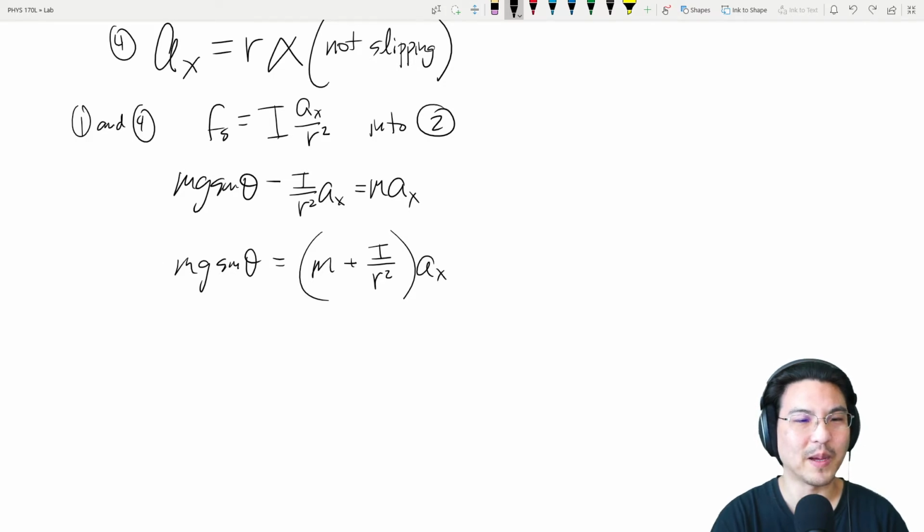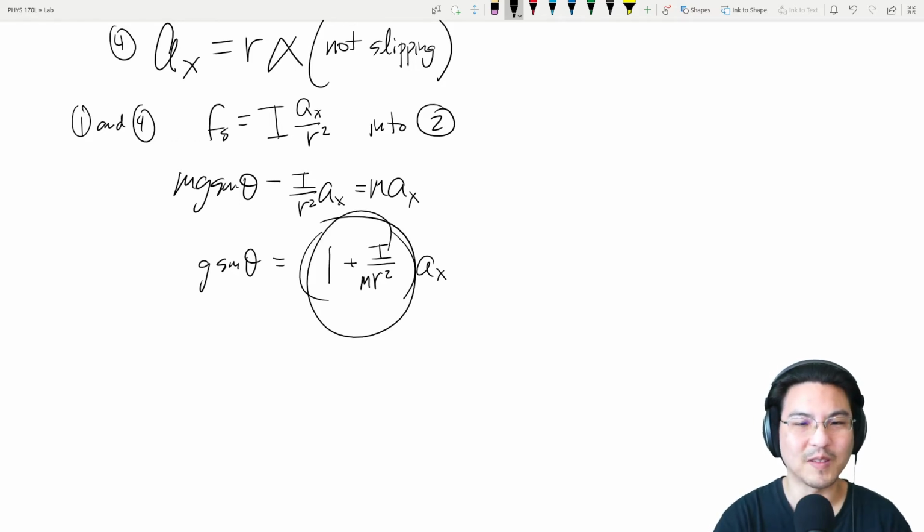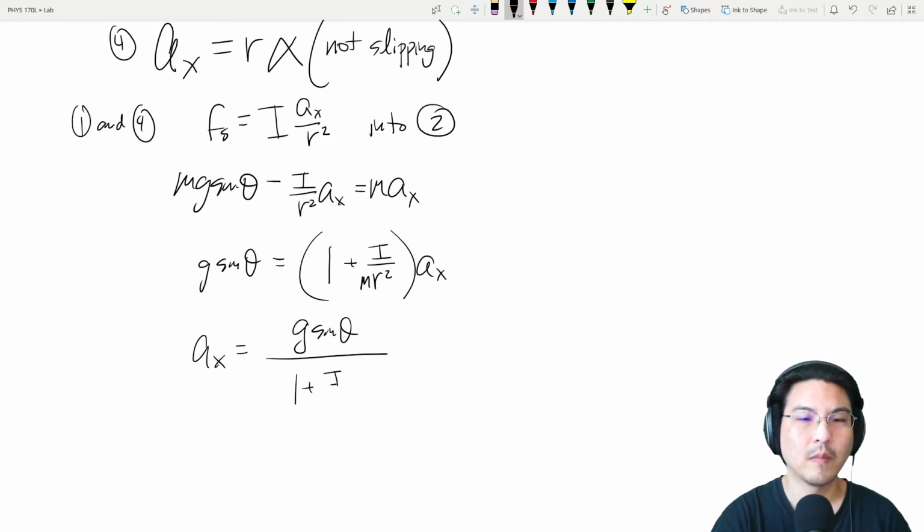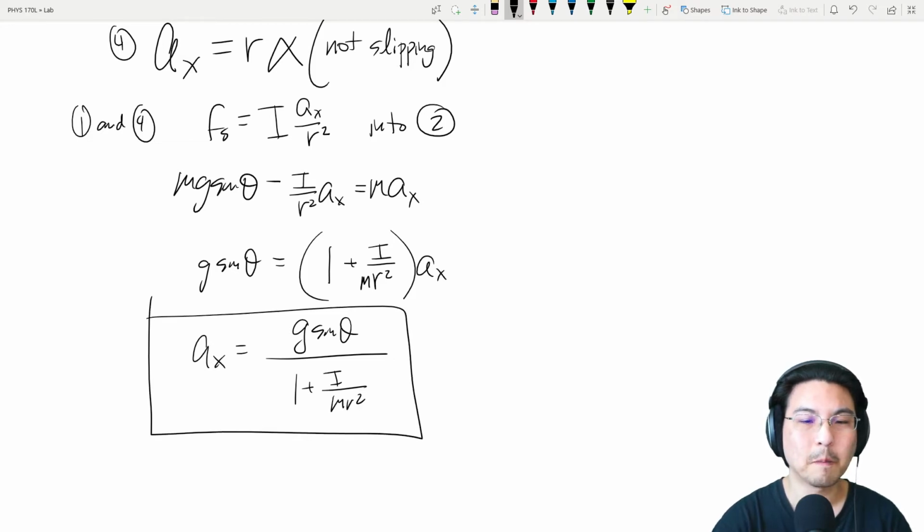I'll divide everything by mass. Since mass is non-zero, you can divide by something that's non-zero. Okay, so then let me simplify this a little bit. There. Okay, and then I'll just move this in the denominator. Okay, so here's the acceleration.